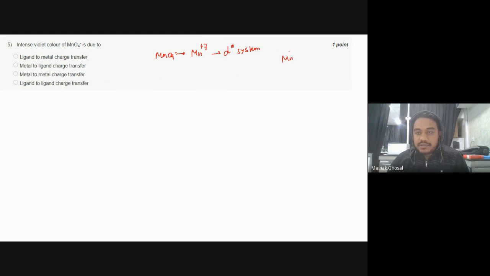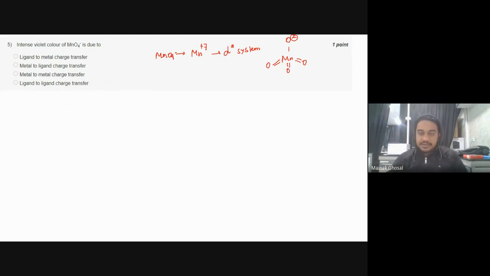Whenever it is attached to some oxide like this, if I remember that this is the structure for MnO4 minus, manganese will get electron density from this oxygen atom. So the electron distribution over this system will increase.